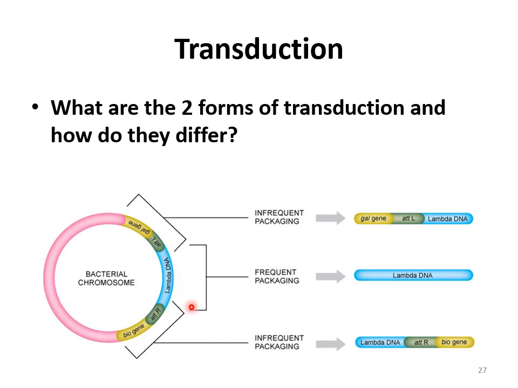So if you look at this lambda DNA, it's going to show you that will be the most frequent packaging. And basically, the lambda bacteriophage integrates the phage DNA into the bacterial chromosome.